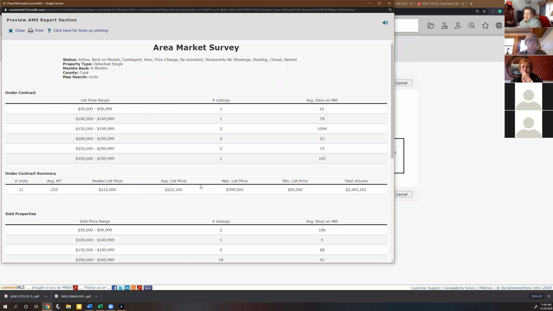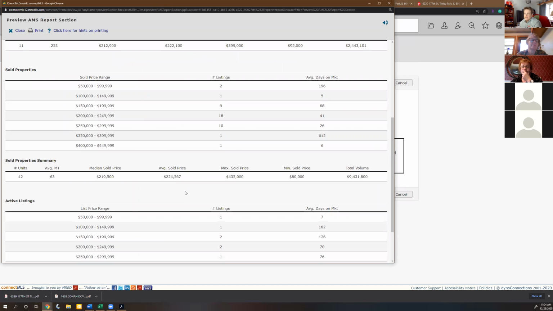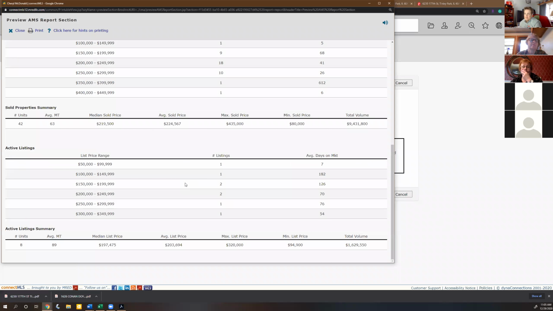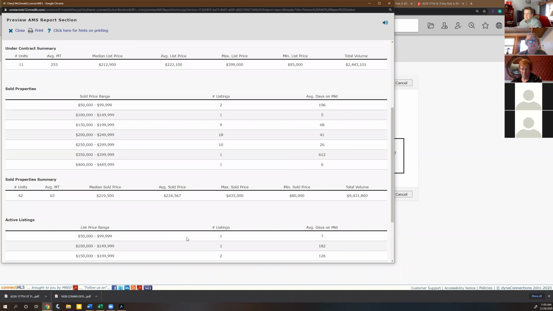I also know that my house is worth more than that. Sold property is 224. Active listings 203. Actually, there was nothing sold between 300,000 and 350,000, which is probably right where my house falls.